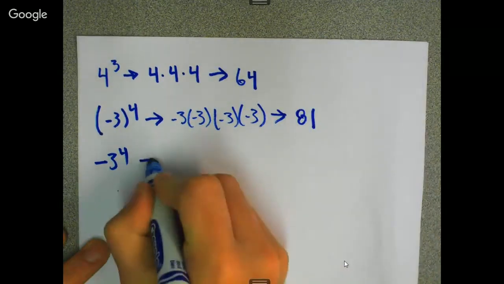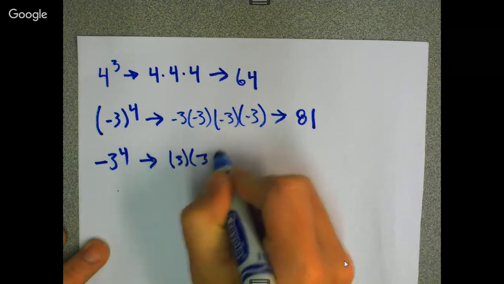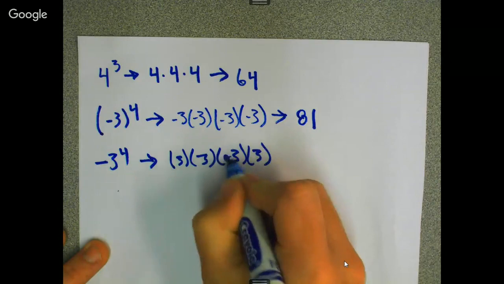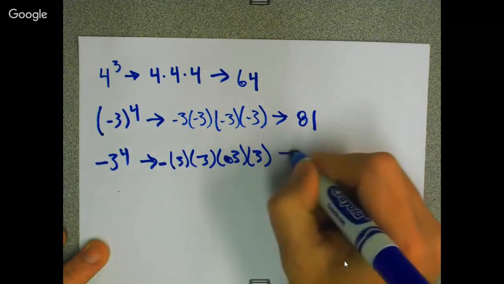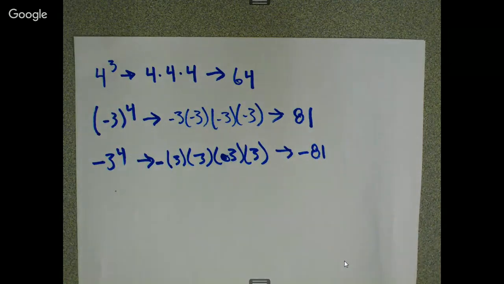Here you're taking 3 times 3 times 3 times 3, and it's negative out front, so this is actually negative 81. Be very careful with where those parentheses go.